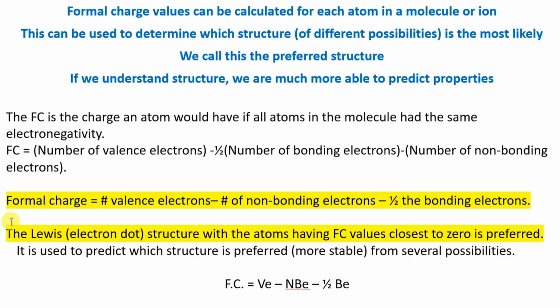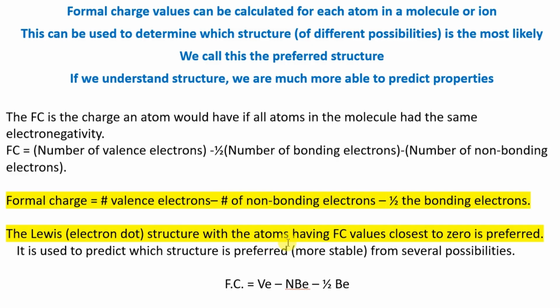I could say formal charge equals the number of valence electrons, that's the number of electrons an atom began with, minus the number of non-bonding electrons. The atom under consideration still has those electrons, minus half of the bonding electrons. Half because in a covalent bond, two atoms forming the bond will have an equal share of the bonding electrons.